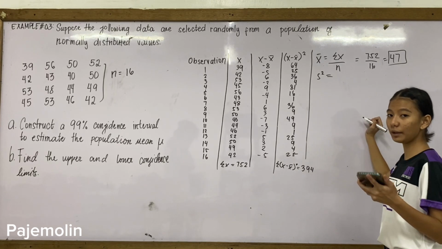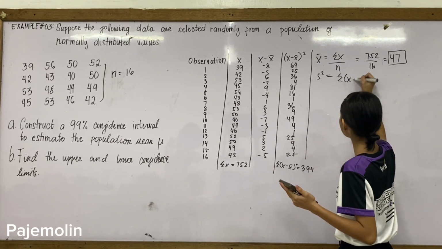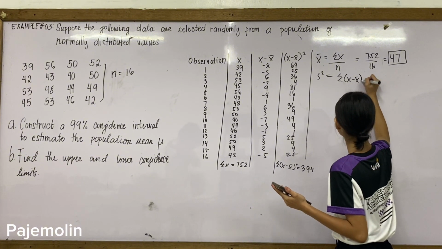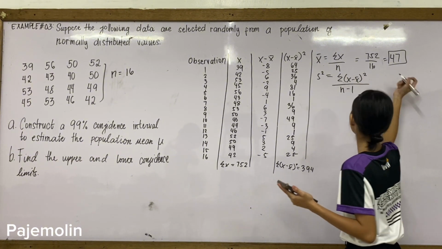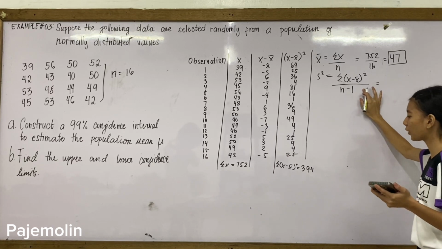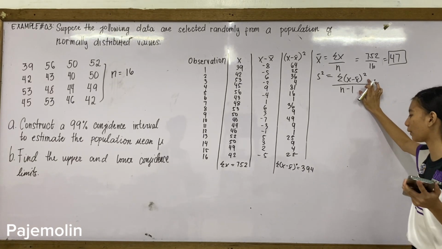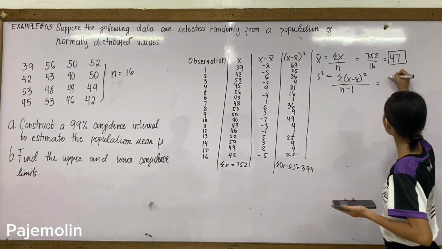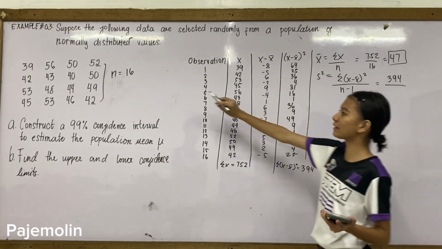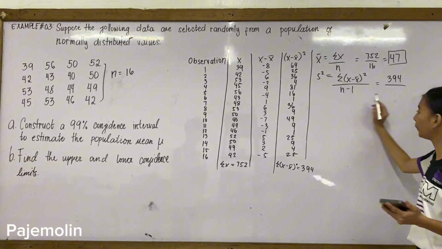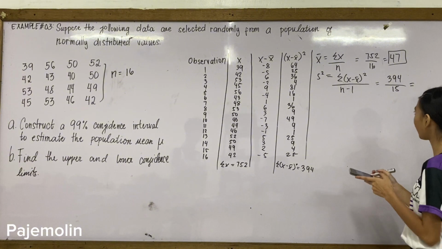Our formula of sample variance is the summation of x minus sample mean squared over n minus 1. So we have to substitute it. Our value of the summation of x minus sample mean squared is 394. Our n is 16, subtracted by 1 would be 15. So we have to divide it using your calculator.